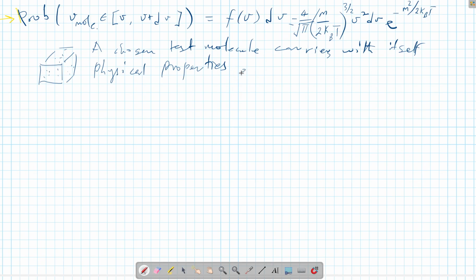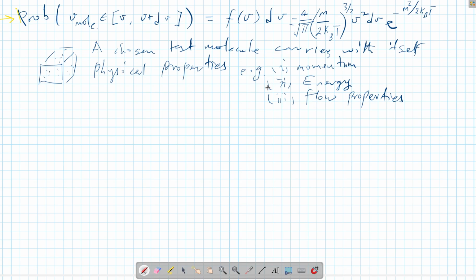These physical properties are, for example, one can talk about the momentum of the molecule. One can address the energy it carries, right, etc., and some other things, let's say some flow properties. We're going to address this in detail.